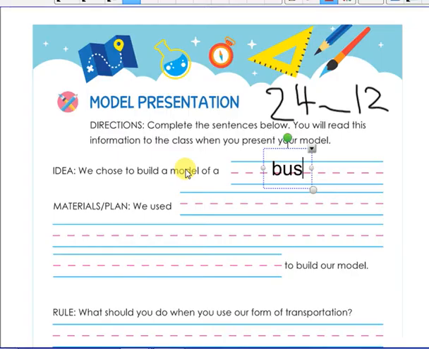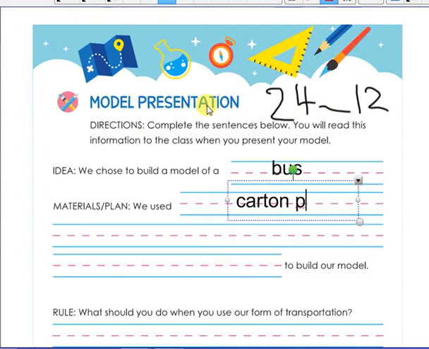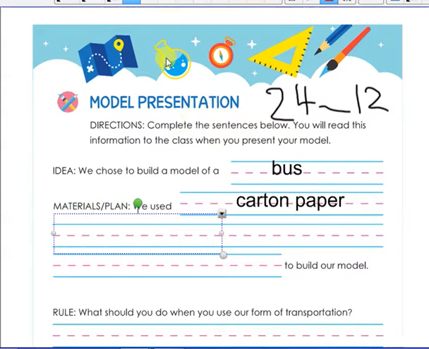Okay, materials plan. We use materials. We use what? We use carton paper, right? We use clay, and plastic file, and we use glue.